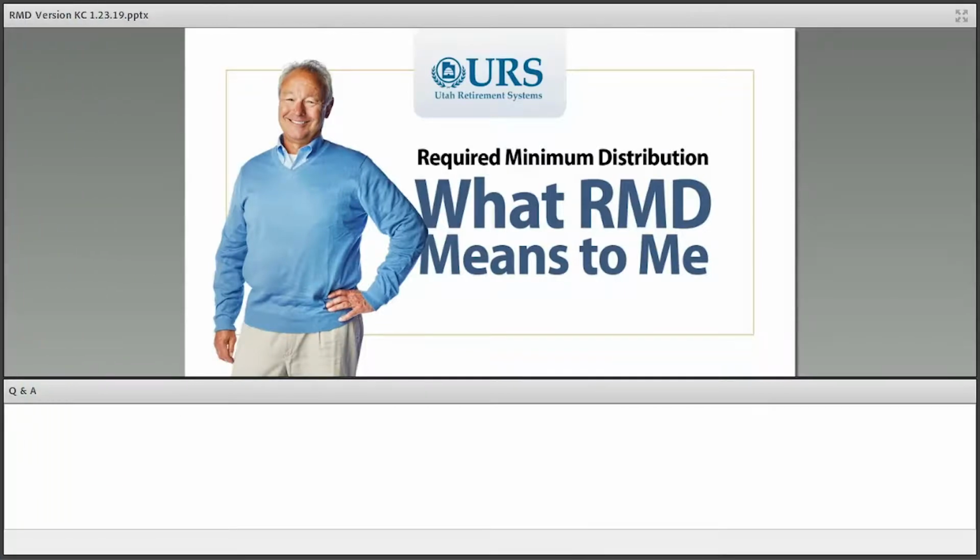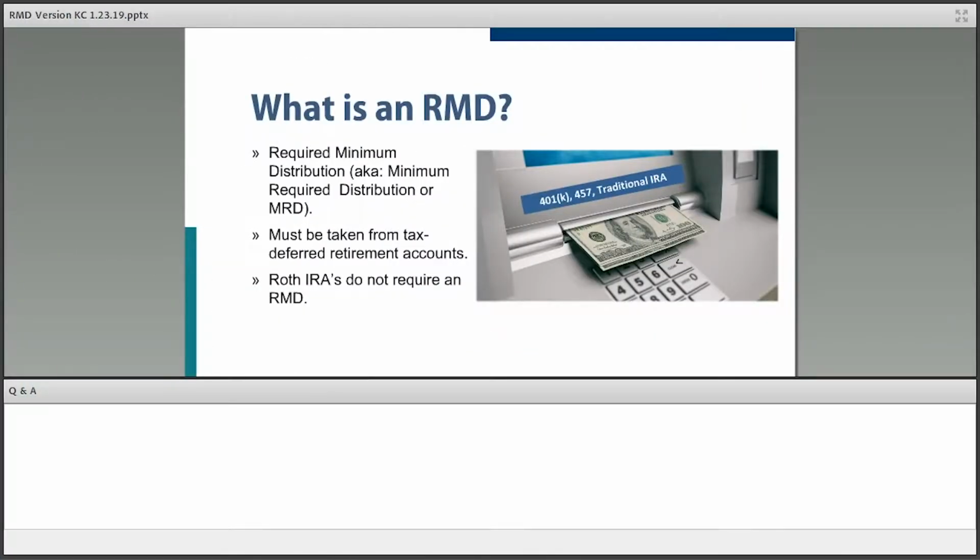Let's go ahead and get started, and I'll turn to the first slide, and we can start with the question that oftentimes comes up: what is a required minimum distribution? There's oftentimes two different acronyms used that mean the same thing. One of them is RMD, which means required minimum distribution.